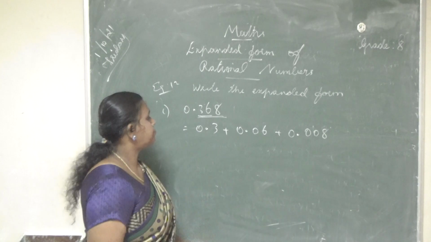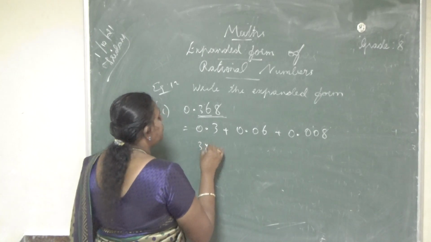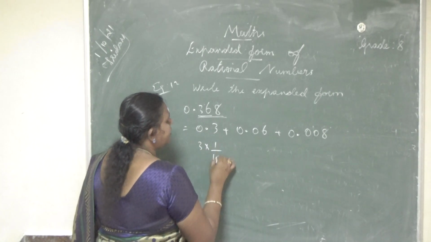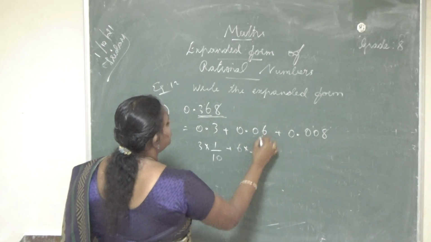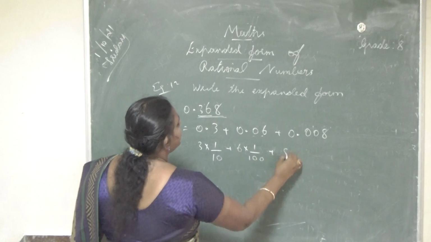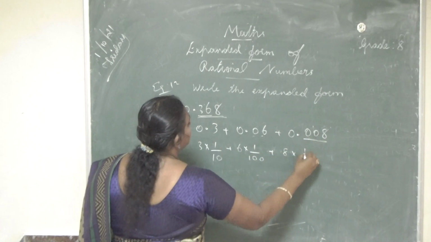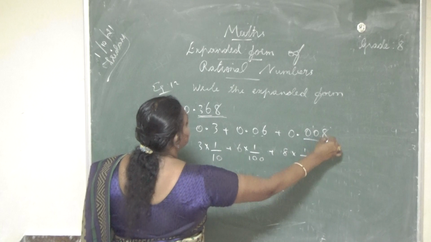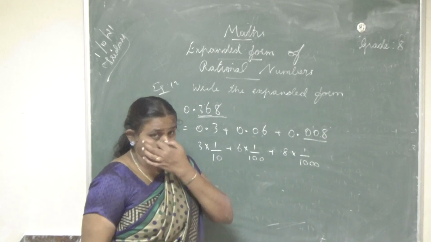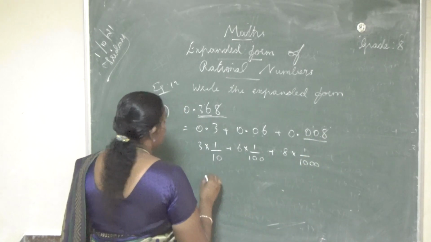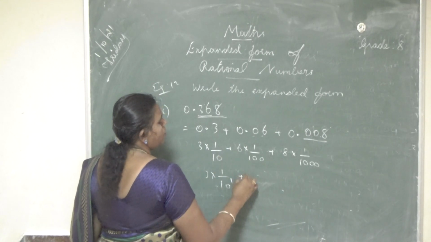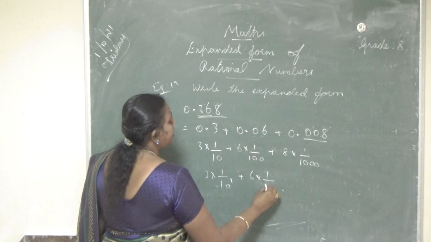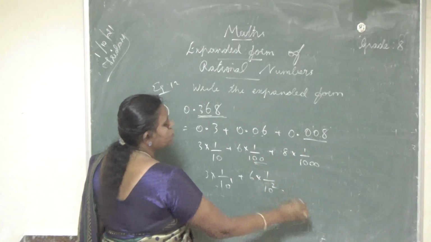Next, what will you do? 3 into 1 by 10 plus 6 into 1 by 100, 2 digits, plus 8 into 1 by how many digits? 3, 1 by 3 zeros. Next what? 3 into 1 by 10 to the power how many zeros? 1 zero. 6 into 1 by 10 to the power how many zeros? 2 zeros.